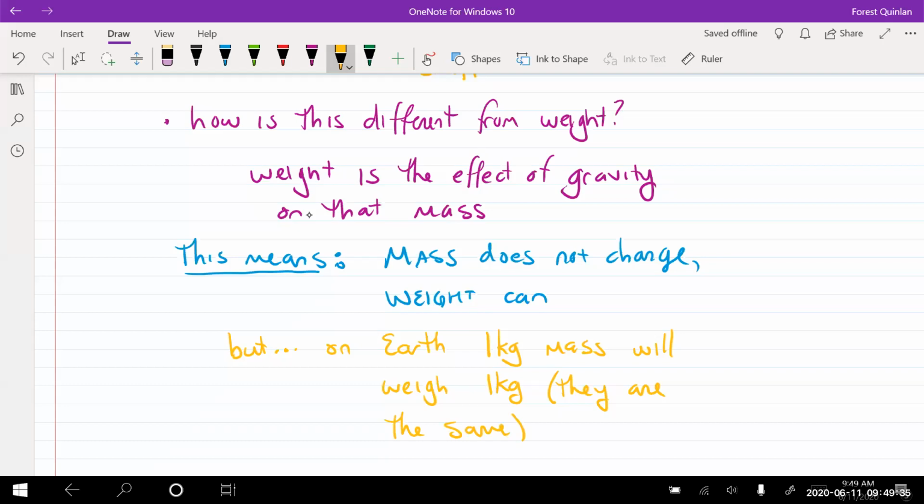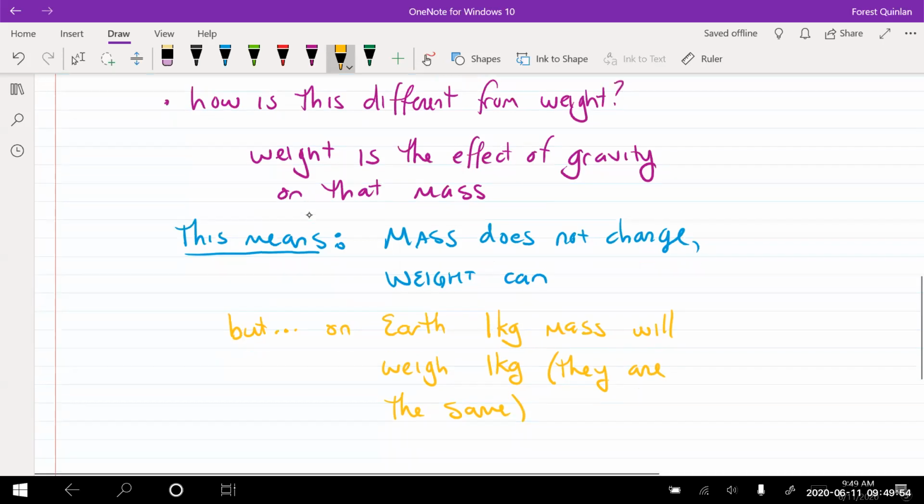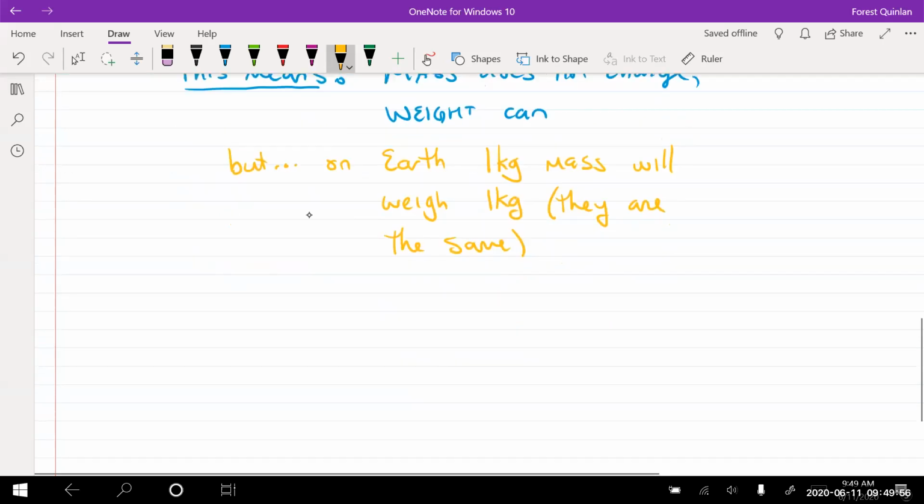We defined 1 kilogram's worth of mass will weigh 1 kilogram. We had to. We have to have these base points from which to jump off of if we're going to do any meaningful measurements. We have to have a reference point.